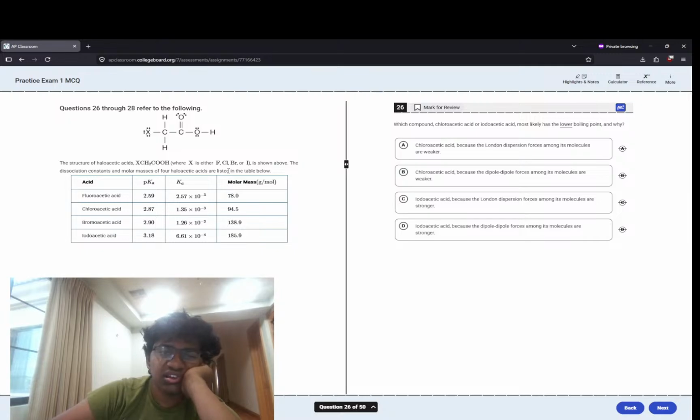Haloacetic acids, huh? Lower boiling point. Right. So this is just the one with the lowest, fluoroacetic acid.